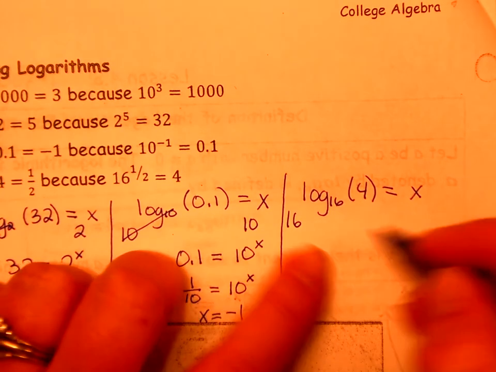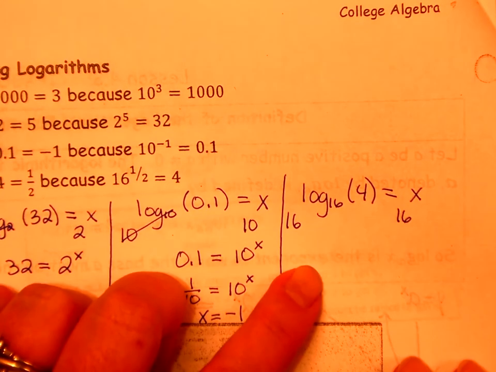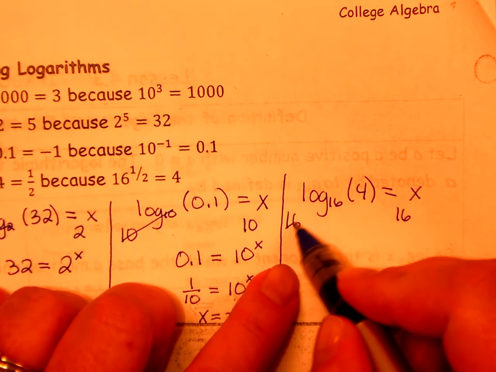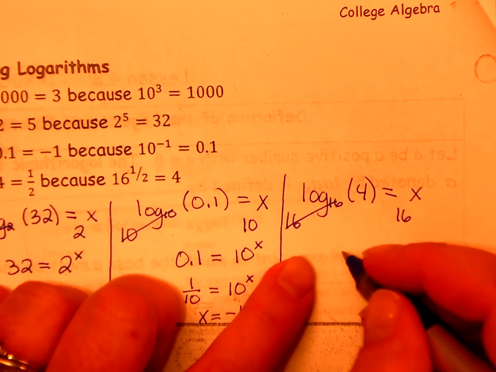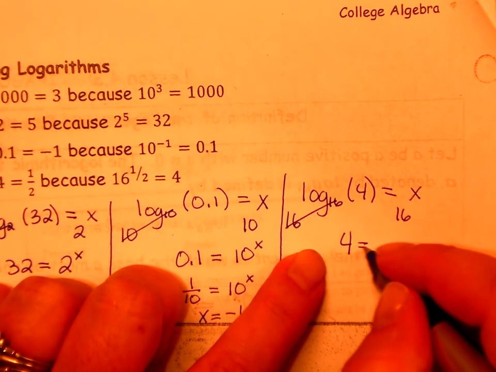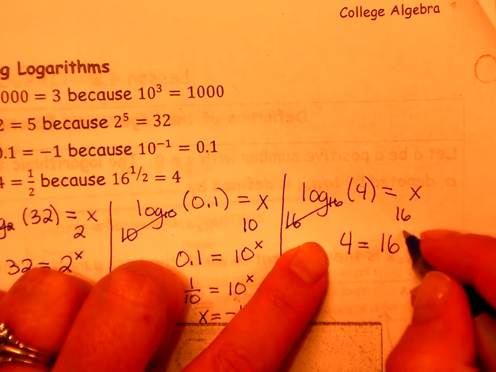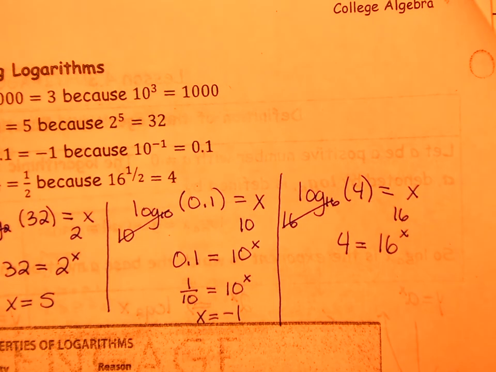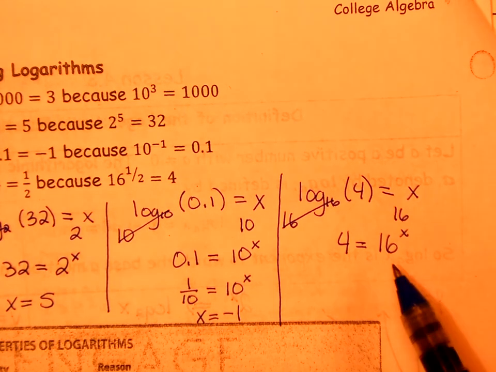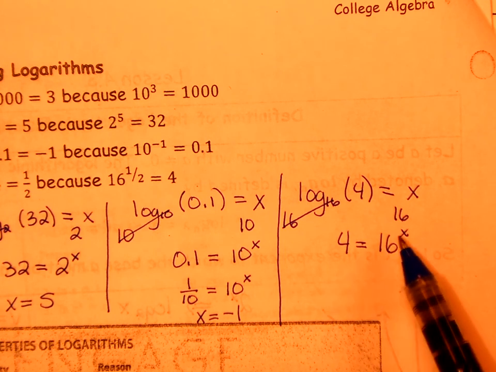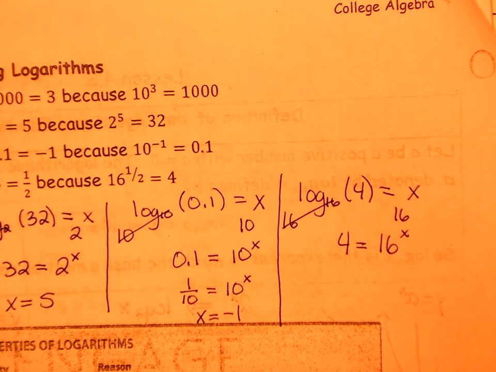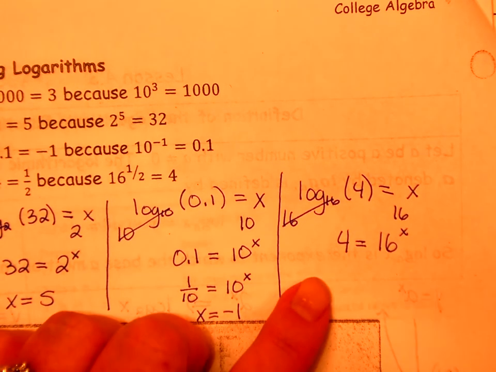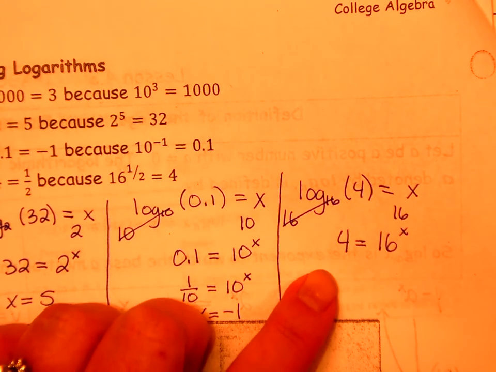So I'm going to raise both sides by 16. 16 raised to log base 16 will cancel, and I get 4 equals 16 to the x power. Now, how do you go from 16 to 4? You can divide. That's kind of where your brain goes, but powers don't divide. So we know the answer is 1/2, but why is the answer 1/2?